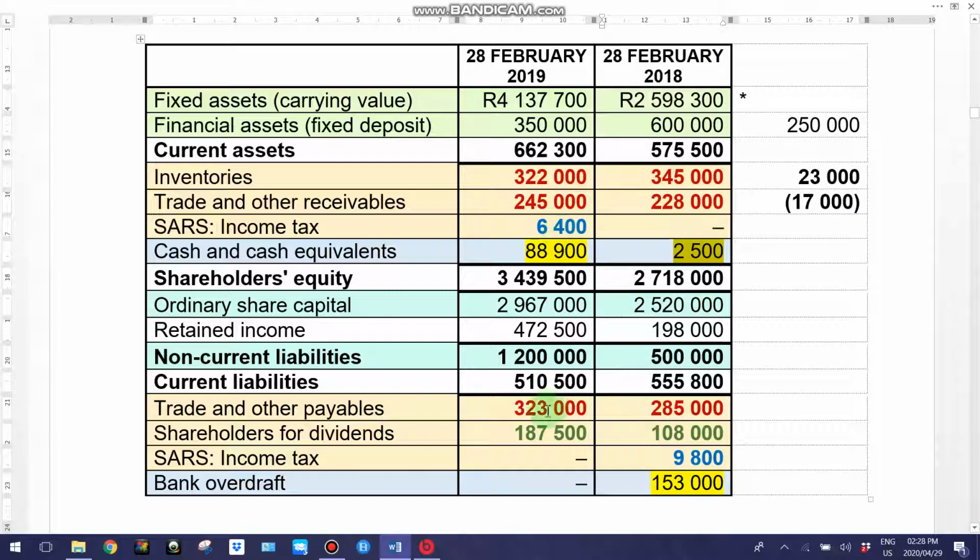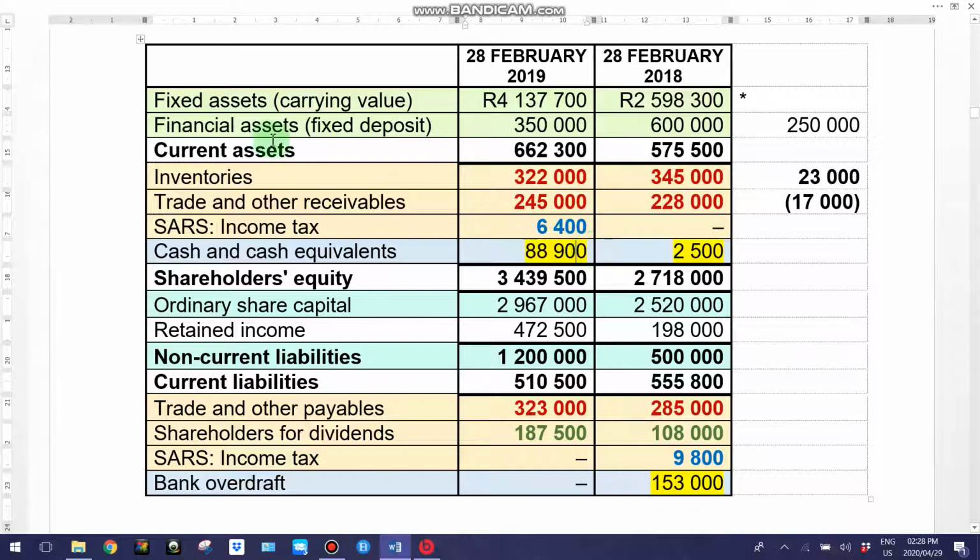But this year, I do not have a bank overdraft anymore, but I have a positive figure under cash and cash equivalents of 88,900. This amount can represent all three, the bank balance, the cash float, and the petty cash, all combined into one, being my cash and cash equivalents.